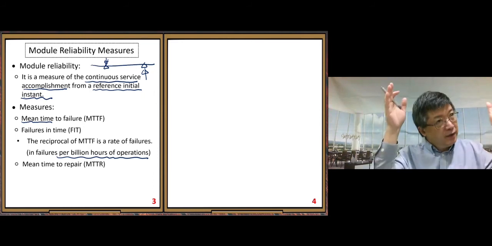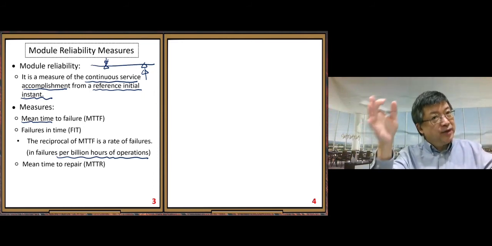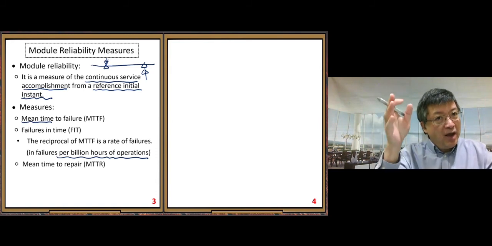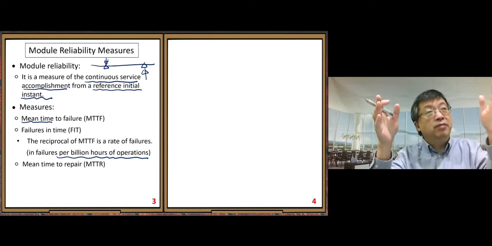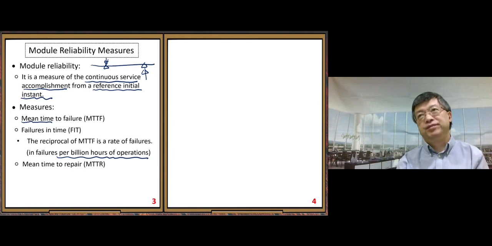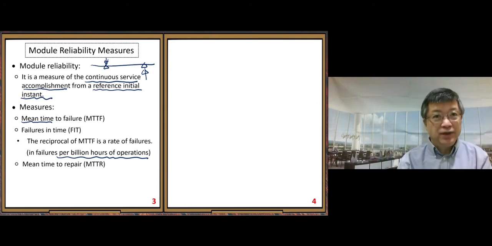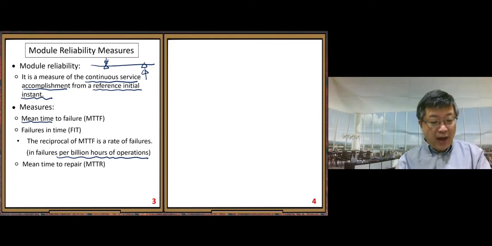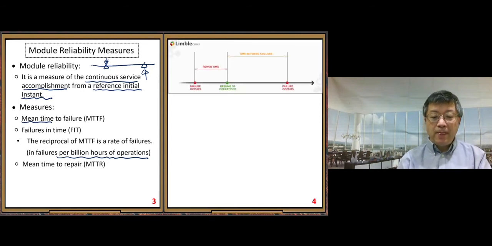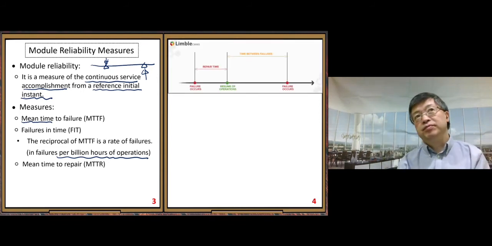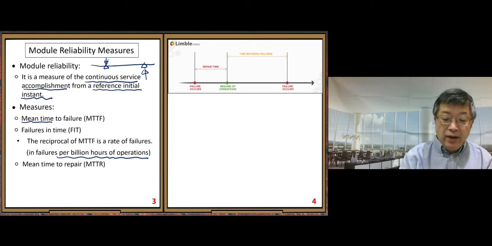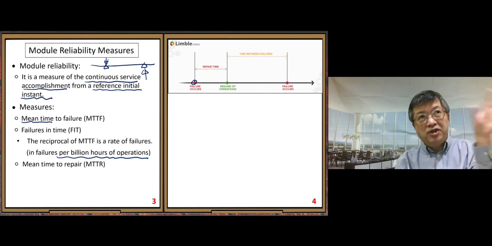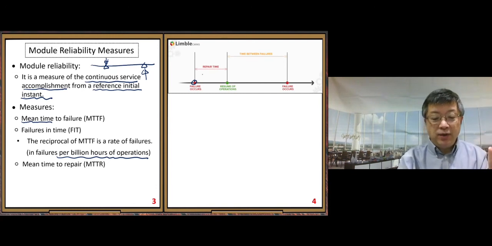So then measure that, and you get MTTR, mean time to repair. Another important measure. So let's look at this picture. Failure occurs, then spend some repair time. So this is the repair time.